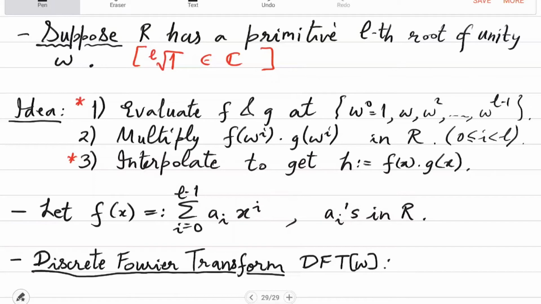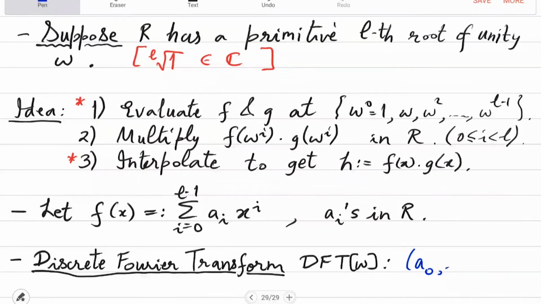DFT omega is an operator which has already taken an argument omega, and then it will take these coefficients as an argument, A0 to A L minus 1, and output the values of f at omega to the i.